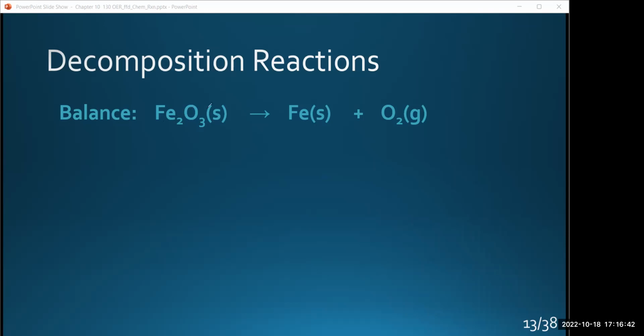Notice we have a compound breaking it down to generate the elements, iron and oxygen. All right, so we got 3 oxygens here. We got 2 oxygens over here. Let's find a common number. Let's say we do 6 again. So we got 6 on the left, and now we got 6 on the right. So the oxygens are taken care of, okay? But in doing so, our iron content went up to 4, so no problem. Boom, put a 4 in front of Fe, and we have a balanced chemical reaction.